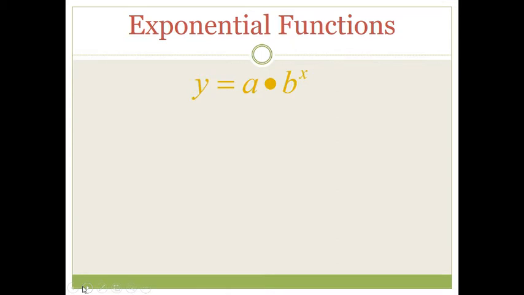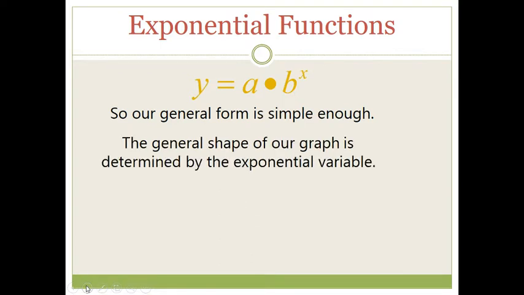All right, so here's our exponential basic function, right? It's always in this form where a and b are numbers, right? And the b is referred to as the base of this exponential function because it's acting as the base on the variable x. So our general form here is simple enough. All right, the general shape of our graph is determined by the fact that that variable is in the exponent.